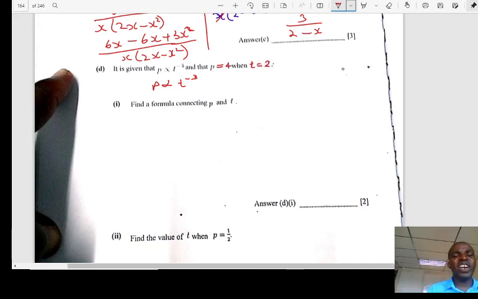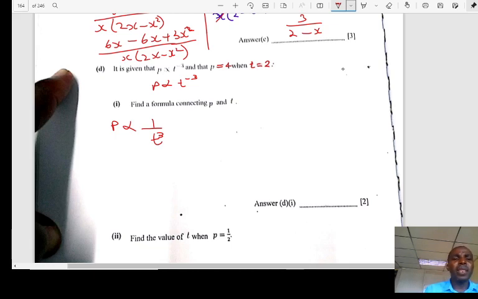So this one is inverse variation. It's the same as p varies as 1 over t cubed. Applying law number 4 of indices, any number raised to a negative power is the same as 1 over the same number when raised to a positive power. So that's it. It's law number 4 of indices.